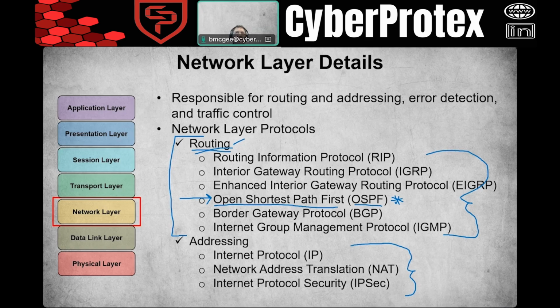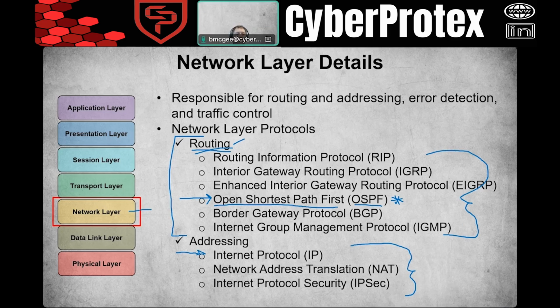You don't usually have to do much with the routers except the initial setup. And once you set these up the first time, it kind of does its own little thing in the background. But the IP address is in the network layer.